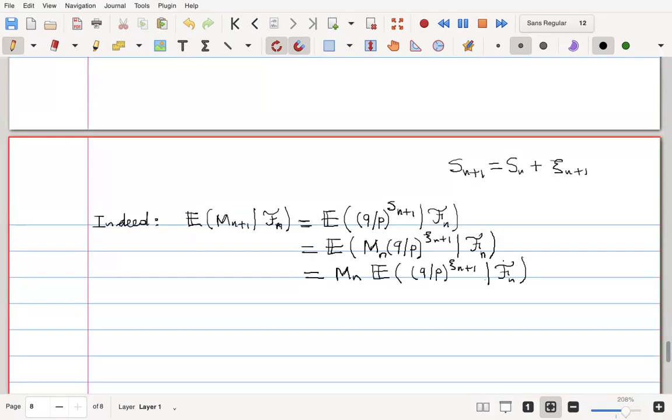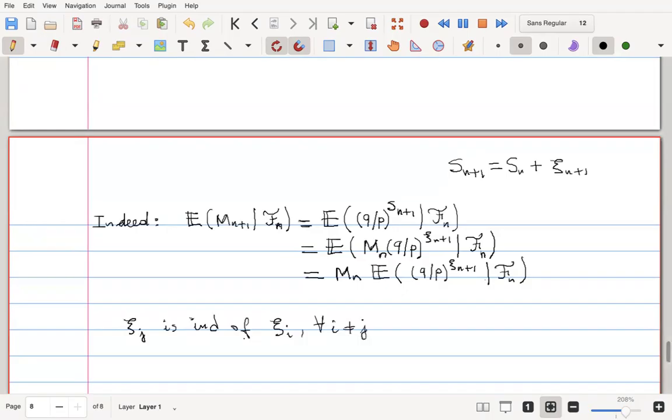Okay, so now what do we have here? We know that the psi j are independent. Psi j is independent of psi i for any i not j.